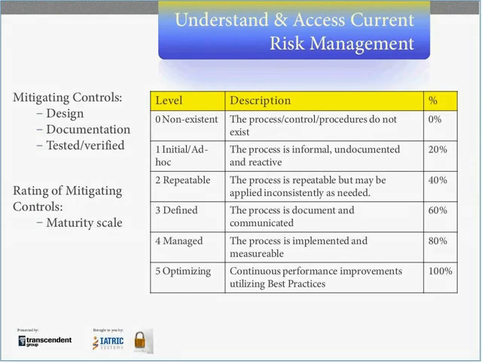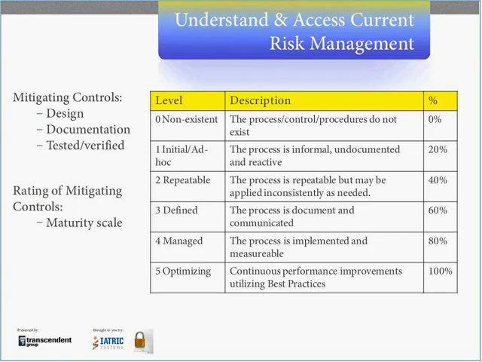Is it automated? That's one aspect of the design of the control. The other one is the documentation. Do we have a policy? Do we have procedures? Are they updated on a regular basis? Etc. And finally, a critical aspect is: has the control been tested, verified that it's working, and has it been tested on a regular basis?